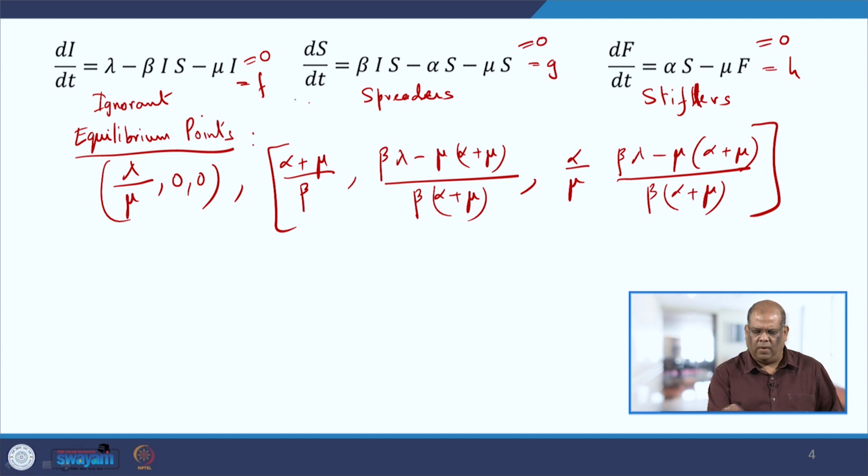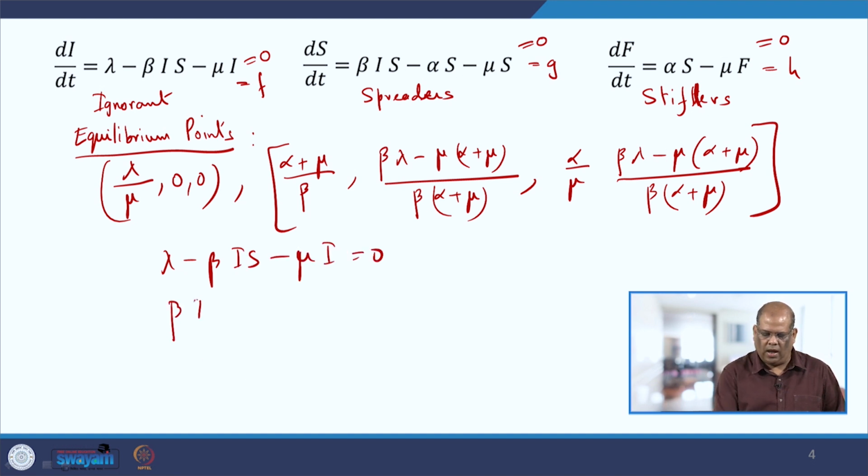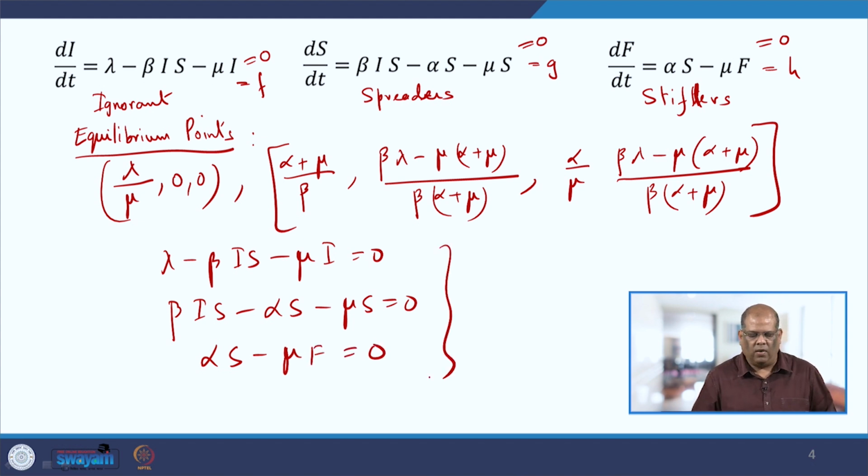This can be easily shown. You just put lambda minus beta I S minus mu I equal to 0, then beta I S minus alpha S minus mu S equal to 0, and alpha S minus mu R equal to 0. So, we start our stability analysis with this equilibrium point.